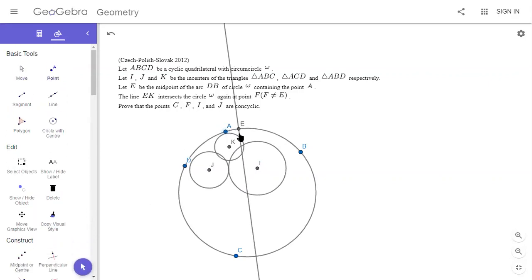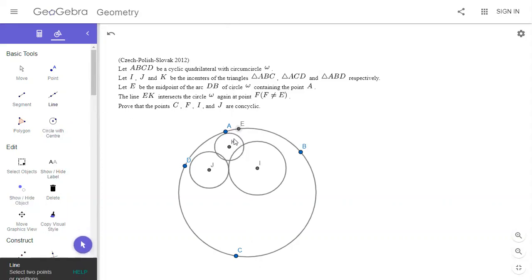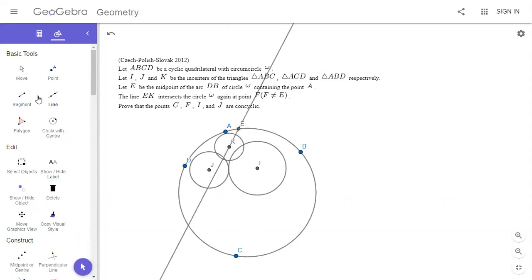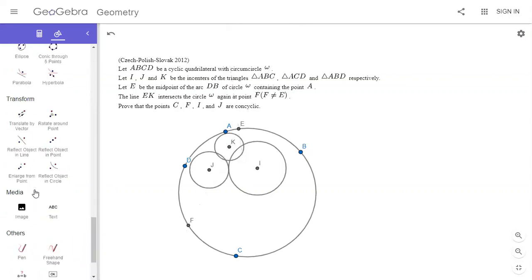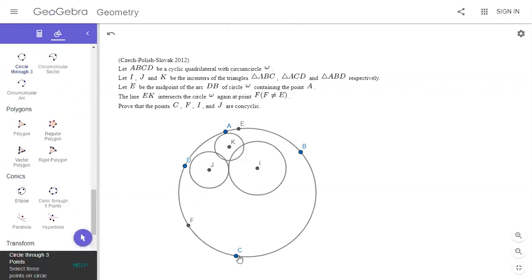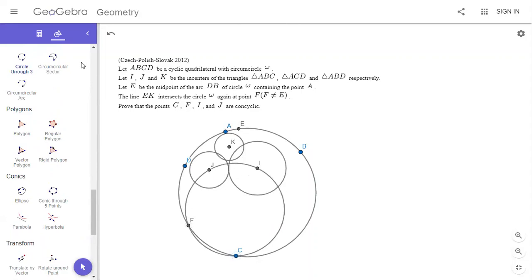So this is E. The line EK intersects this circle again at F. And we want to show CFIJ is cyclic. That's kind of interesting. Okay, let me check that that's correct. Yes.